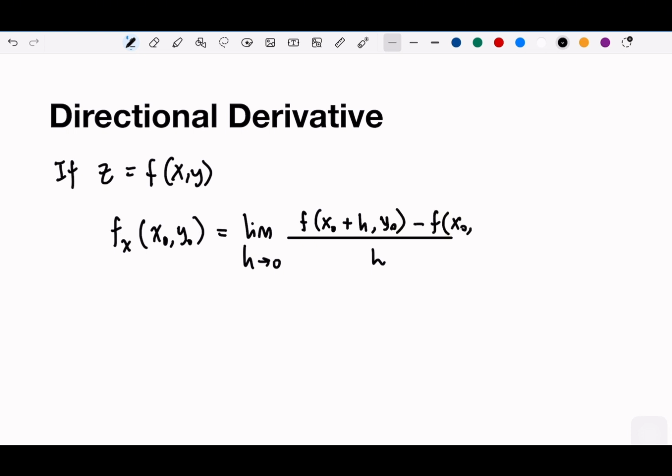Basically this is just using limit definitions in defining the rate of change or the derivative.